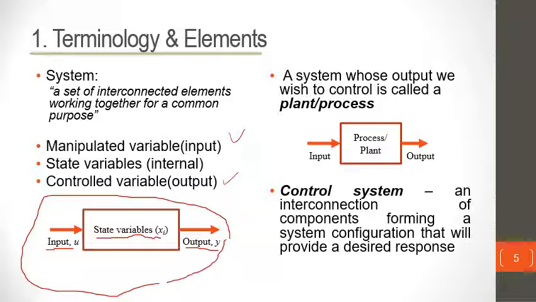So, for instance, if you look at a pot which you use for boiling water as a system, the input would be the heat, which is the manipulated variable. So you can manipulate the heat, and then the output would be the temperature of the water.